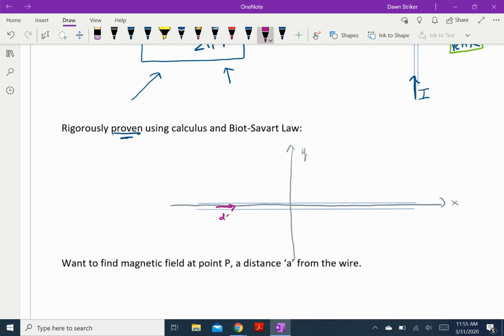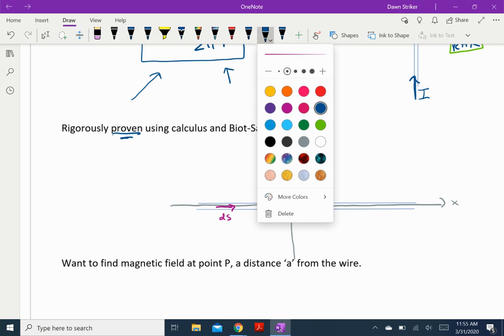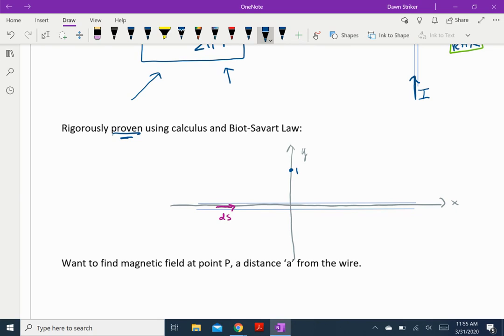There's my little ds vector. And I'm going to put my point of interest here, P. So I'm interested in finding the magnetic field at point P using the Biot-Savart law. That's what I want to do.